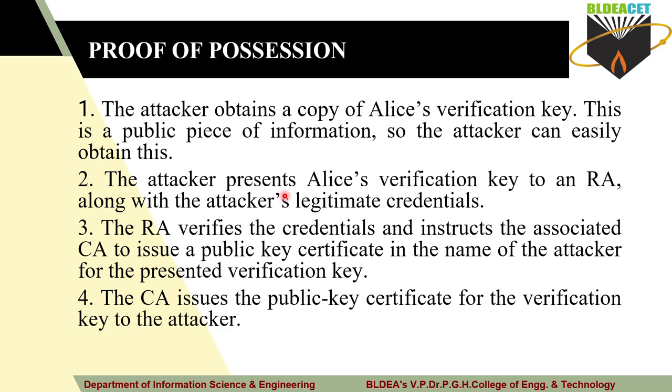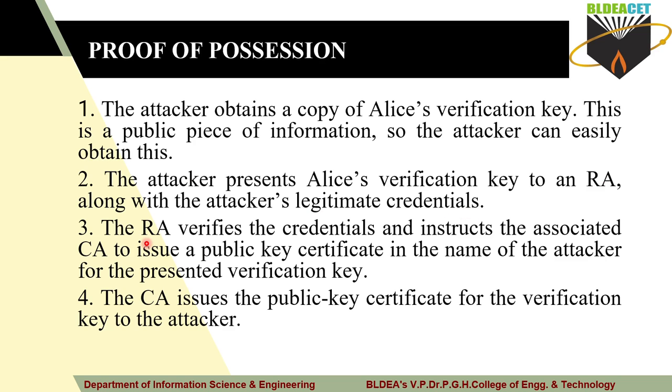The attacker will present Alice's verification key to an RA along with the attacker's legitimate credentials. So now the thing is, the verification key of Alice is known by the attacker, and the attacker will take that key and prove to the RA the credentials they have.